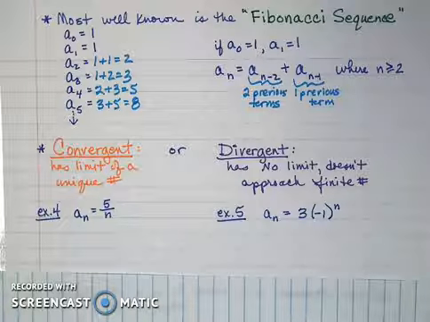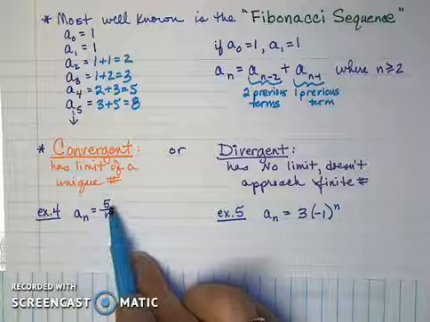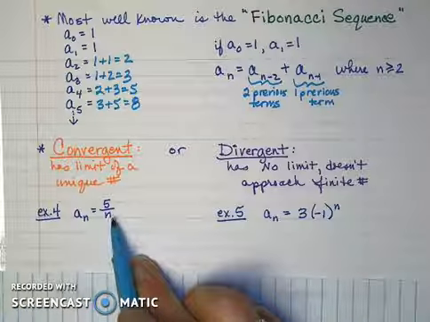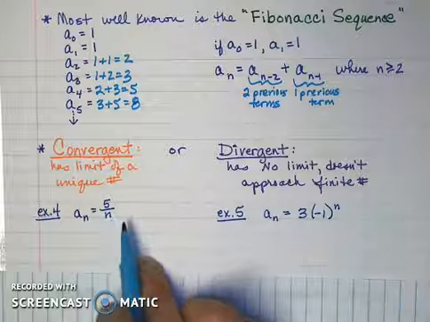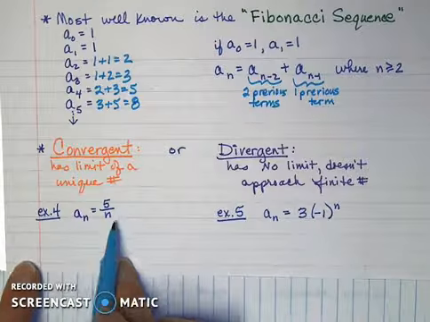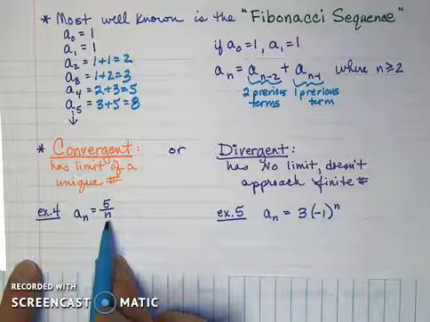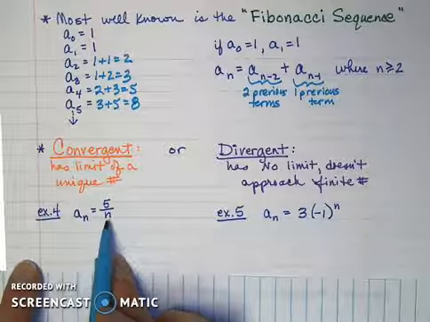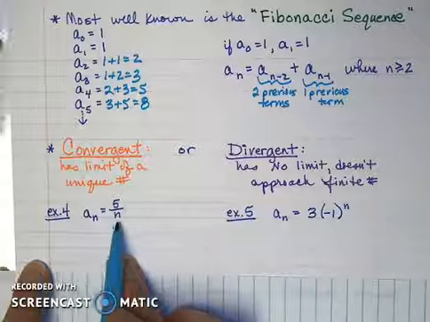Now, we've done this graph before, and if you have 5 over n, and you let n increase, then you can see what's going to happen to this function. If n is 1, obviously you have 5. If n is 2, then you have 2.5. If n is 3, you've got 5/3.